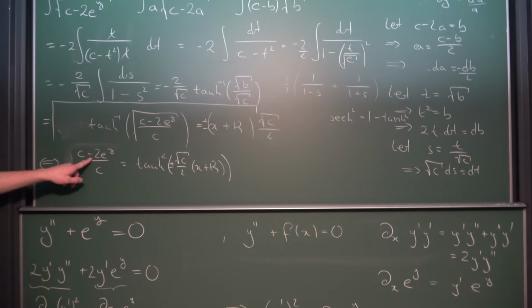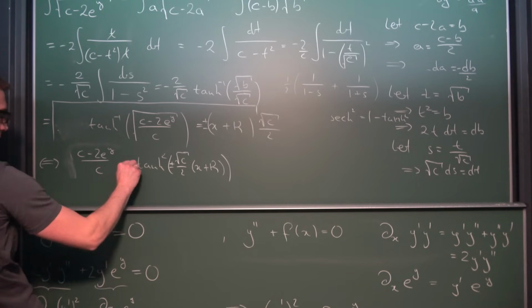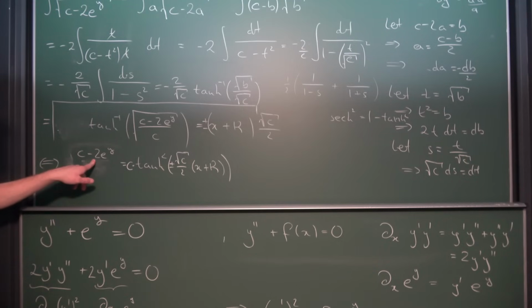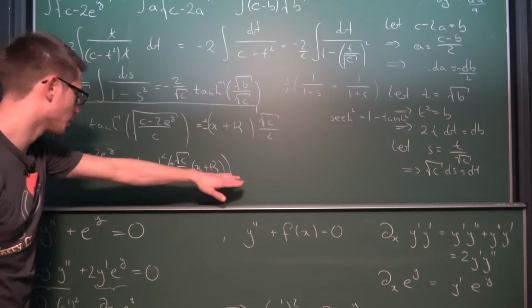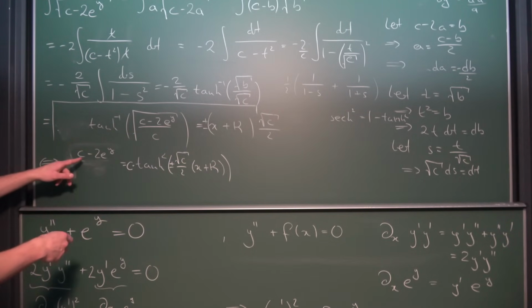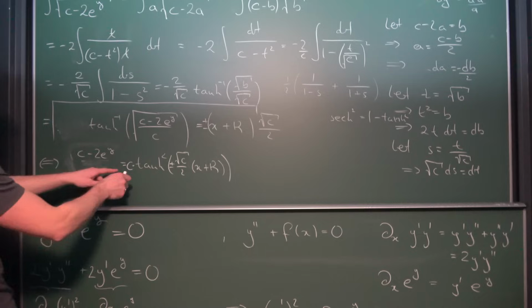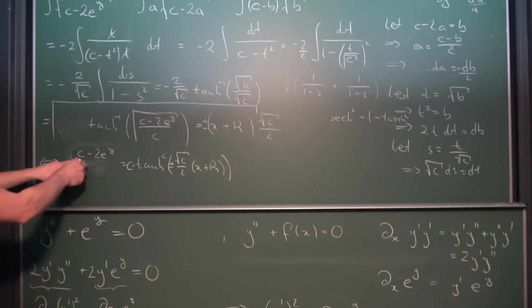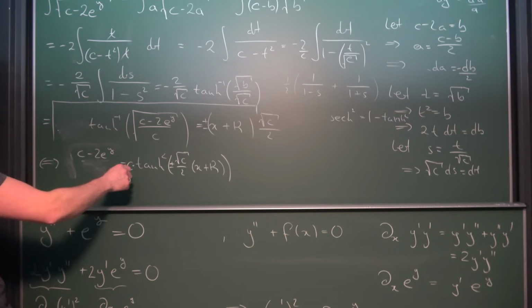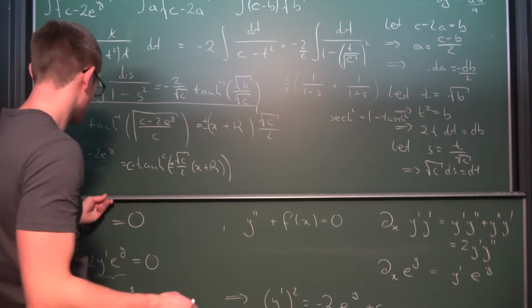And now we can solve for the rest. Multiplying both sides by c times the hyperbolic tangent squared, then adding 2 e to the y on both sides and subtracting this. Then we get c as a common factor. I need to save space. We can factor this out then. Then we also divide by 2, giving us c over 2 as a common factor and 1 minus the hyperbolic tangent squared.